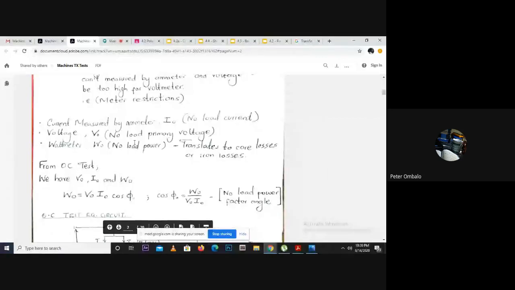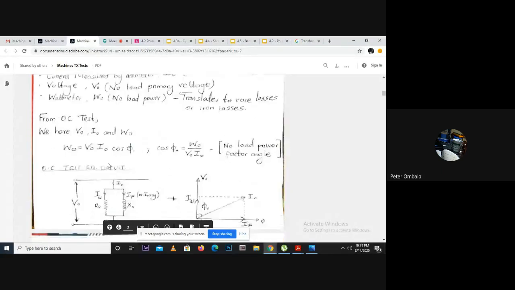So from the open circuit test, we have gotten three measurements: the voltage, the current, and the power. We have all agreed that the current is the current that drives the losses in the transformer, and the power measured by the wattmeter translates directly to the core losses.